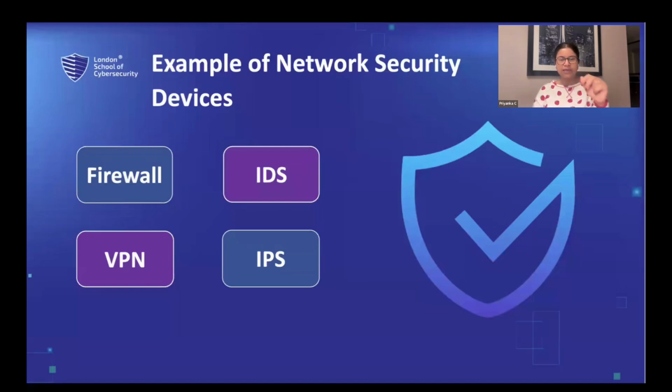The next one is an intrusion detection system, or IDS. What does it do? Just by the name of it, it will detect when someone is trying to break into our network. We'll look a little bit deeper on how all of these devices come together to give us the protection that we need.